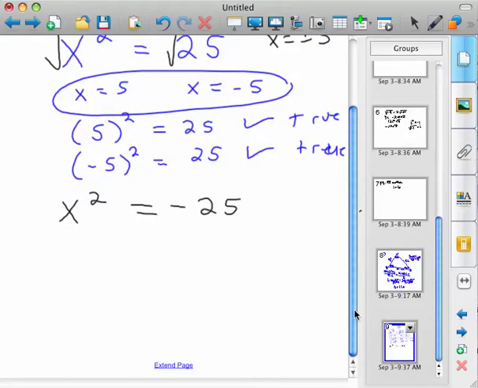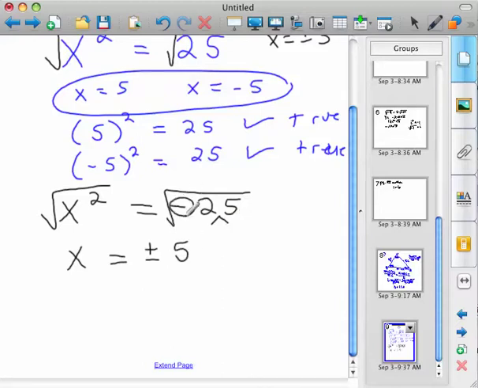But there is a number that would make this true. And that number happens to be imaginary. So if you did the same thing, if you square rooted both sides, okay, so now we have x equaling plus or minus something. Go ahead and take out the 25, square root of 25, that's still 5.